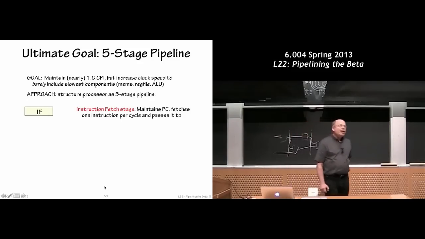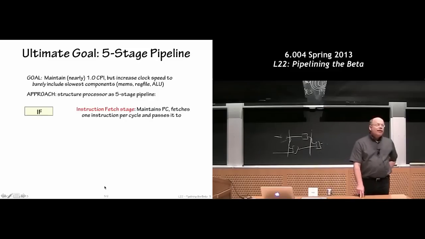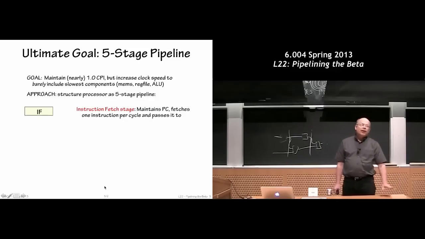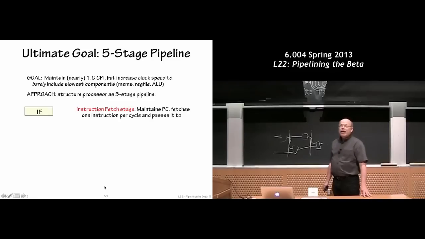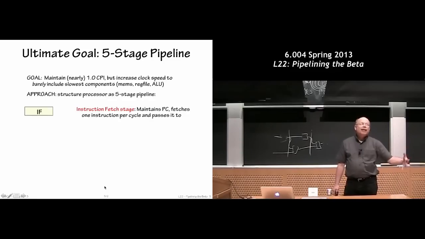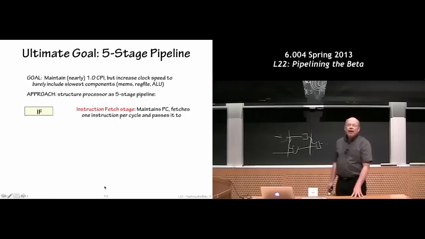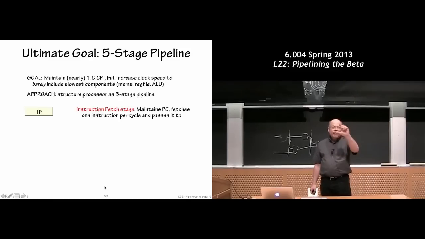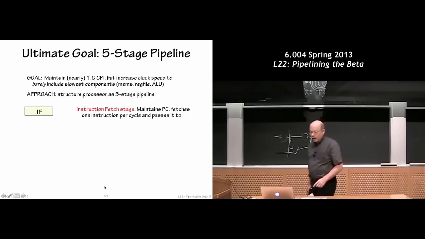So we break the execution up into 5 distinct phases. The first phase is we fetch the instruction. Step 1 is to take the current PC and go off and get that instruction from main memory, in its own pipeline stage.